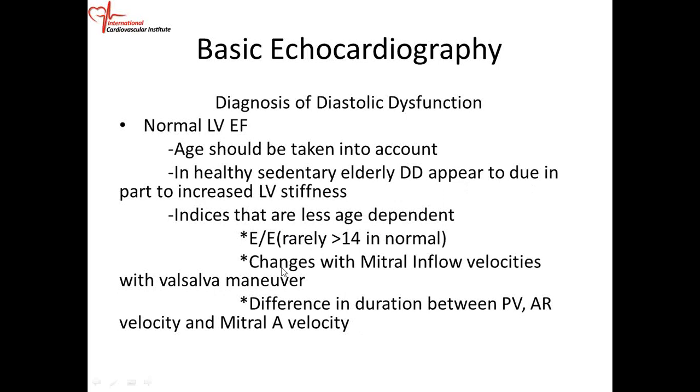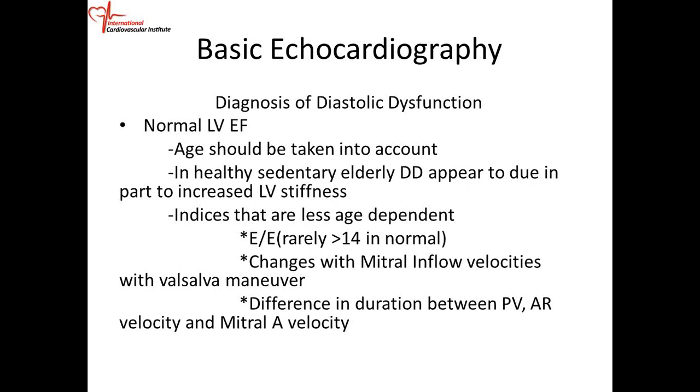Okay. Also, indices that are less age dependent is changes in the mitral inflow velocity with Valsalva maneuver. Valsalva maneuver is when you strain. Okay, so you take a deep breath against a closed glottis. That's the medical description.